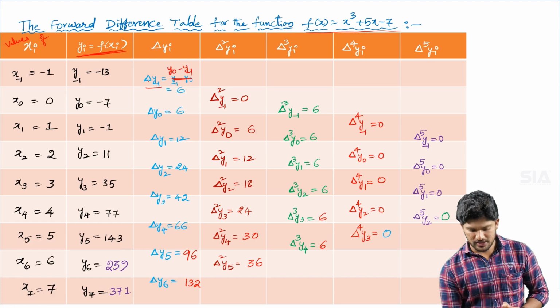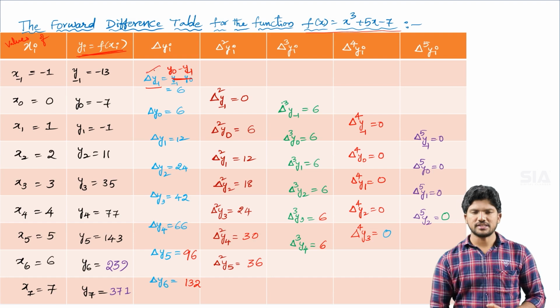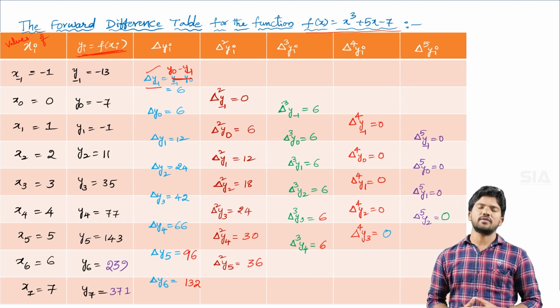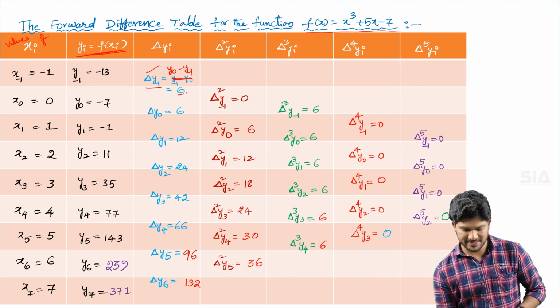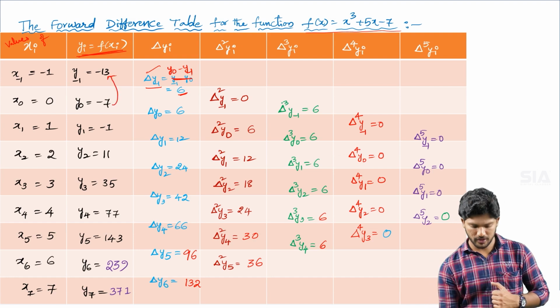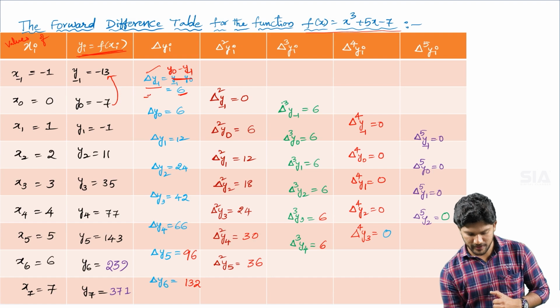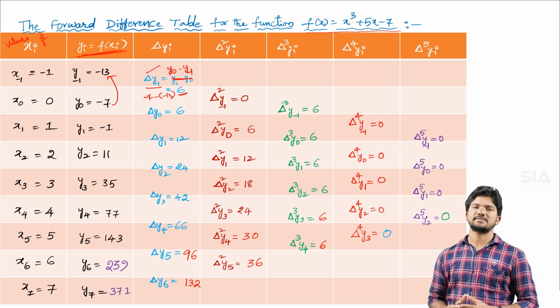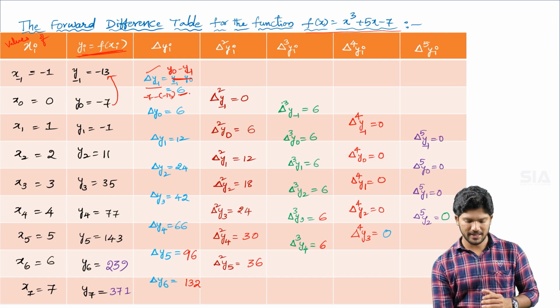Now the first forward difference operator: the first value, delta y suffix minus 1, is equal to 6. How can you get that value? -7 minus of minus 13, that is -7 plus 13, which is equal to +6.